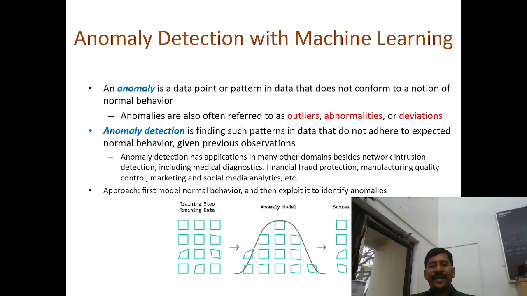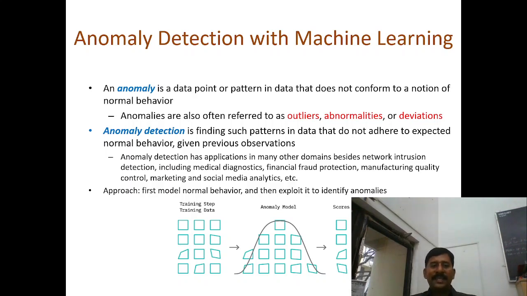Anomaly detection is finding such patterns in data that do not adhere to expected normal behavior given previous observations. So we know anomaly detection has applications in many other domains besides network intrusion detection, including medical diagnostics, financial fraud protection, manufacturing quality control, as well as marketing and social media analytics.